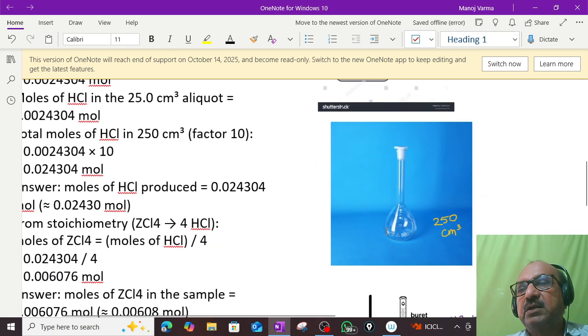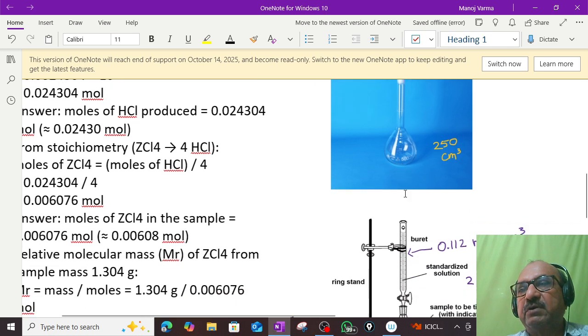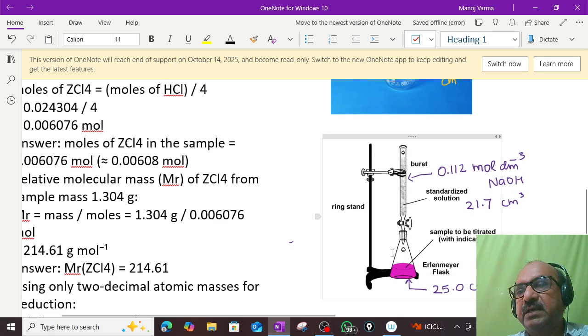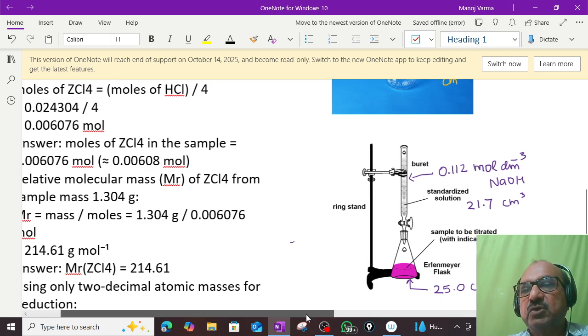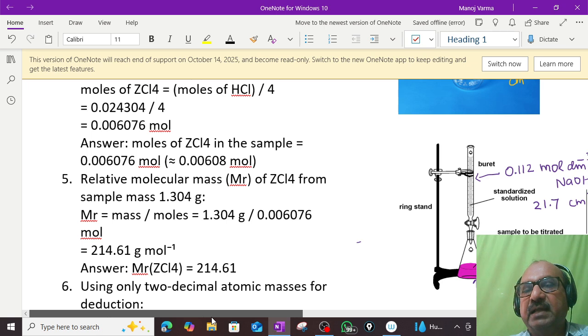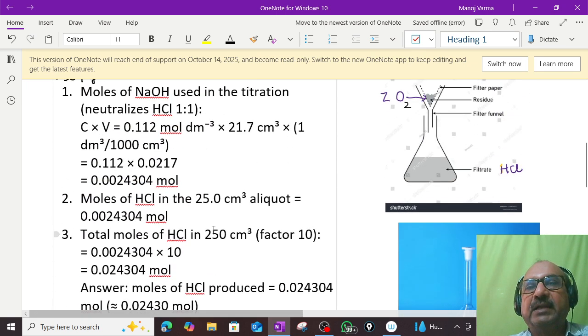So we took 25 centimeter cube of this solution with the help of a pipette and we transferred it into this conical flask and we titrated it against 0.112 mole per dm cube of NaOH solution, and we required 21.7 centimeter cube of the NaOH to reach the end point. So this is what has been done, and now we come to the calculations.